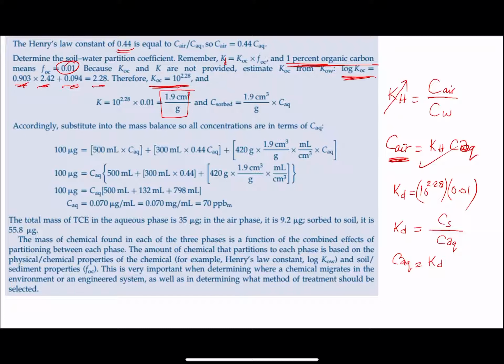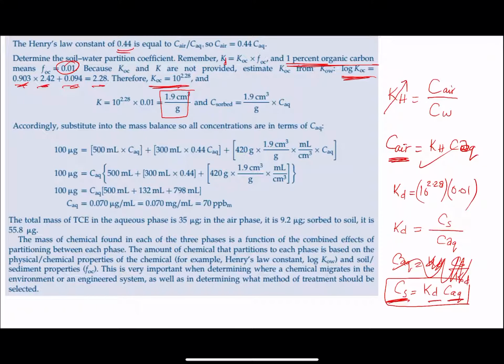Oh, no. We need it as a function of C aqueous. So CS, the concentration of the solids, is equal to KD times C aqueous. So we have the concentration of the organic in solids, and we need to make it a function of C aqueous. So now KD we have as 1.9, and C aqueous should be there.